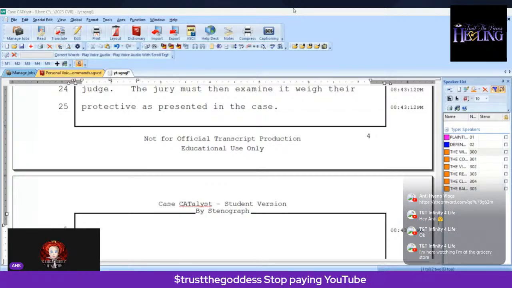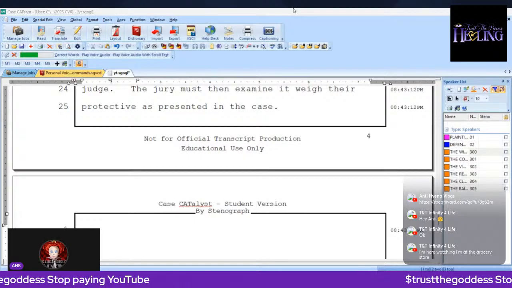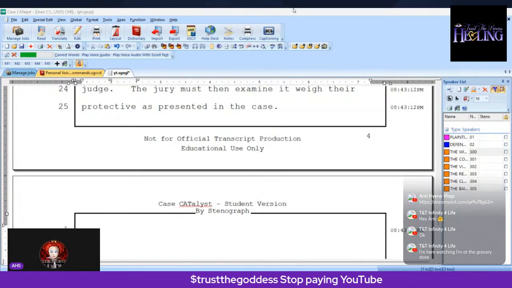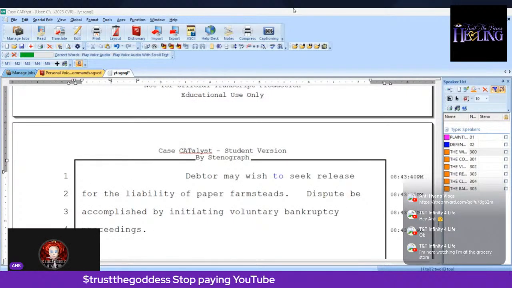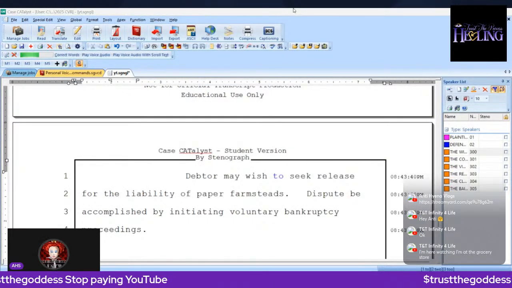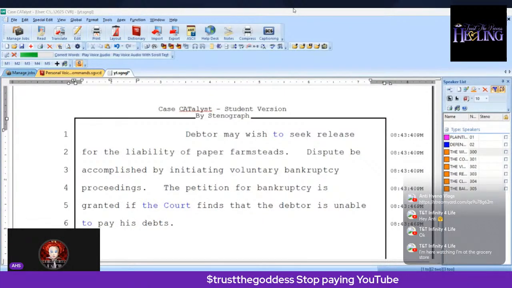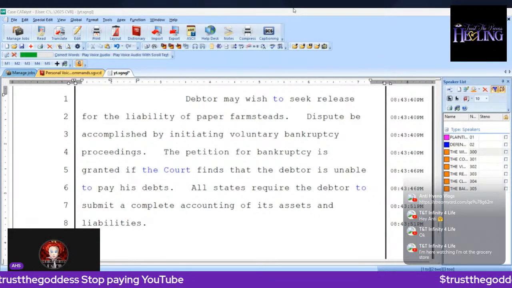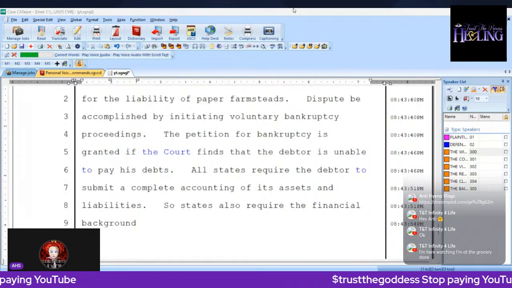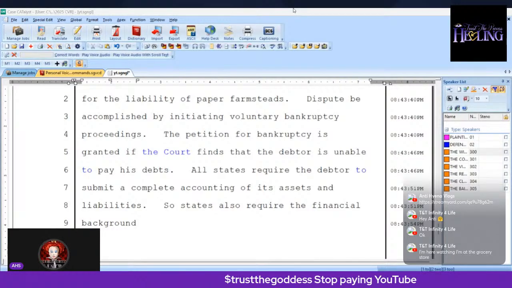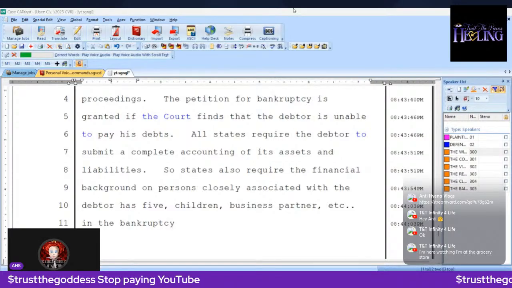A debtor may wish to seek release from the liability of payment for his debts. This may be accomplished by initiating voluntary bankruptcy proceedings. The petition for bankruptcy is granted if the court finds that the debtor is unable to pay his debts. Most states require the debtor to submit a complete accounting of his assets and liabilities. Some states also require the financial background on persons closely associated with the debtor, his wife, children, business partner, etc. In the bankruptcy proceedings, the court will closely supervise the liquidation of all assets.